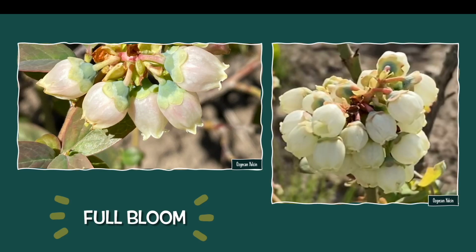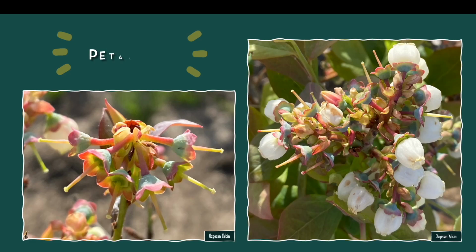Full bloom, most flowers are now opened. And petal fall stage, where corollas are falling off and small green fruits are revealing. Petal fall stage is the most vulnerable to frost damage, which can occur at 0 degrees Celsius.